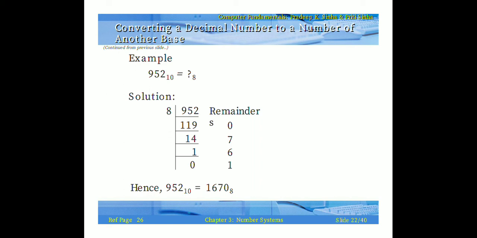So you read the remainders in reverse: 1 6 7 0. 952 of decimal number system is equal to 1670 in octal.